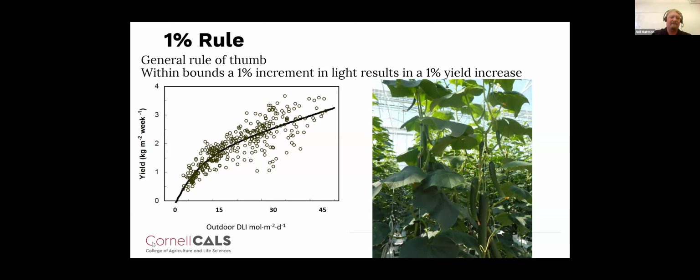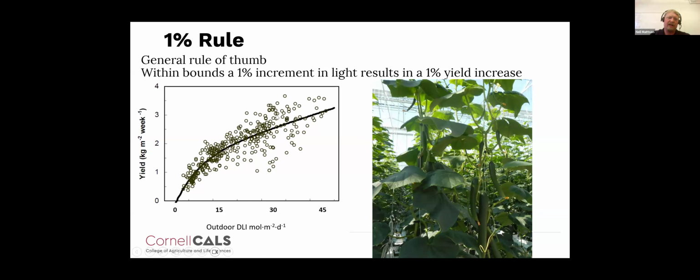And then because of the process of photosynthesis, we know that within bounds, for every 1% increase in light, we get about a 1% increase in yield. That's a very broad generalization, but it's a decent generalization to have in the back of your mind.